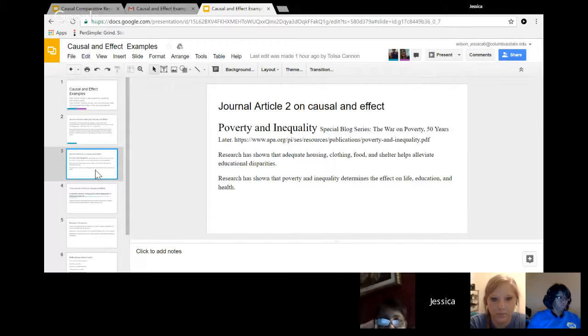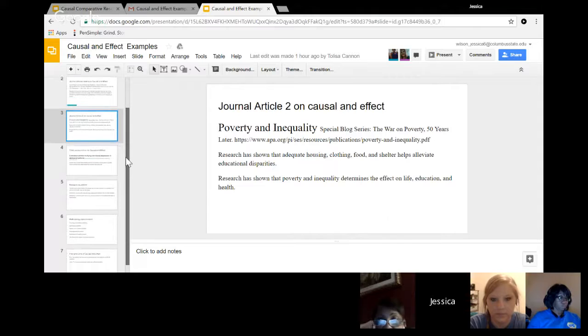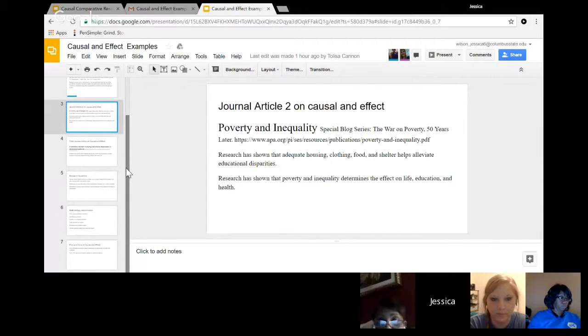Journal 2 was on poverty and inequality. Research showed that adequate housing, clothes, food, and shelter help alleviate educational disparities, saying that if you at least had these, as in the housing, the clothing, the food, and shelter, it would alleviate some of the disparities in education.